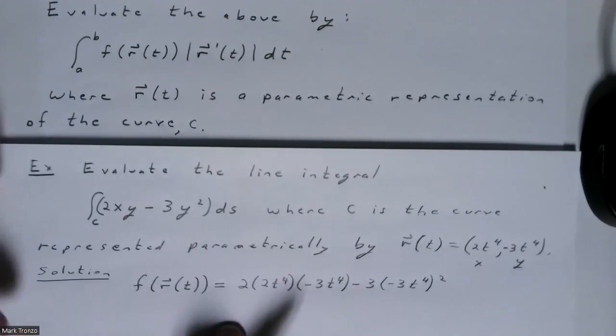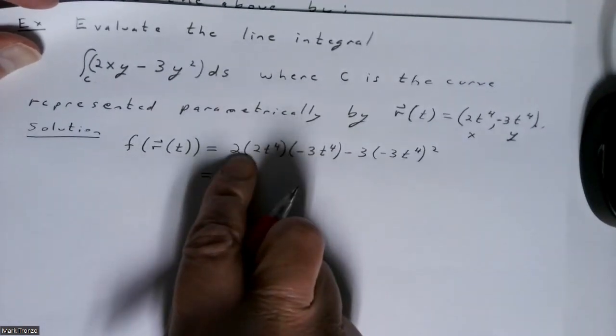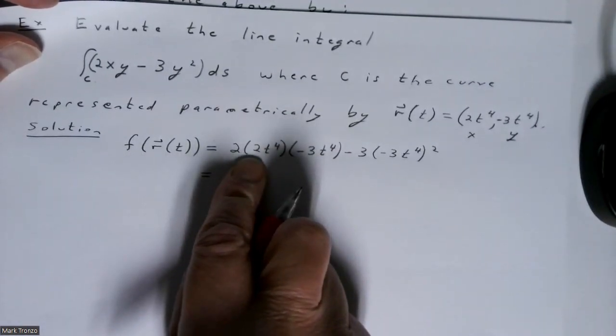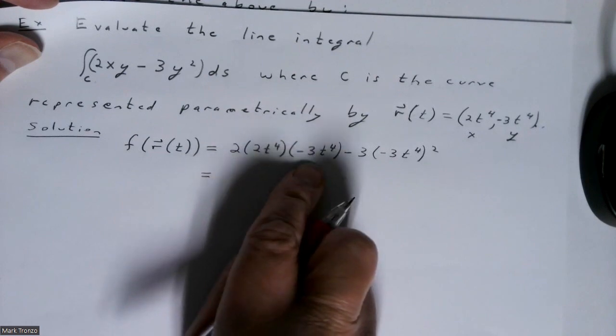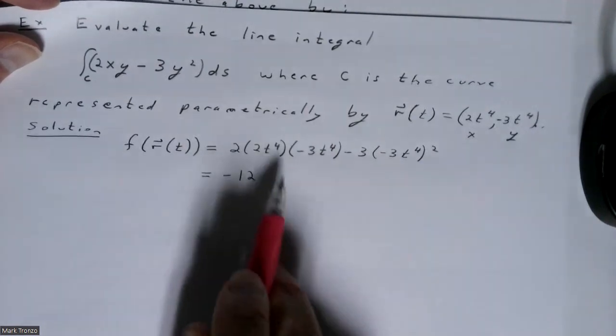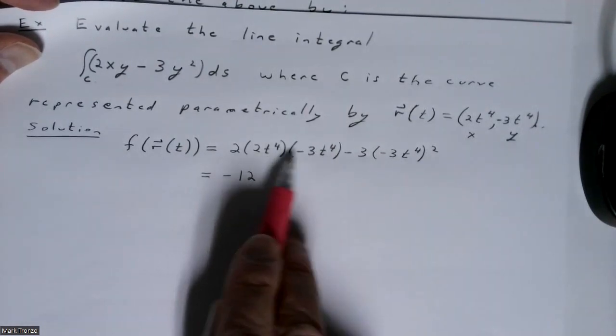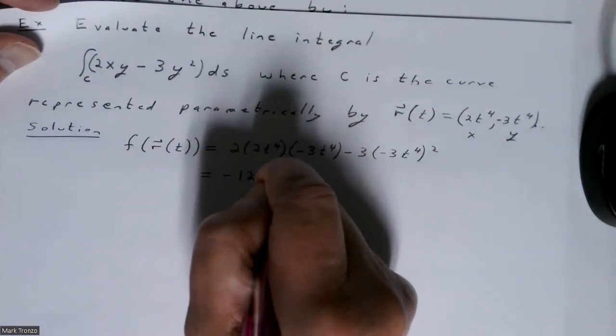And we can simplify this a bit, can't we? 2 times 2 is 4, times 3 is 12, and then with a negative, -12. And then the powers, we're multiplying the t, so we're going to add the powers. That'd be t to the 8th.